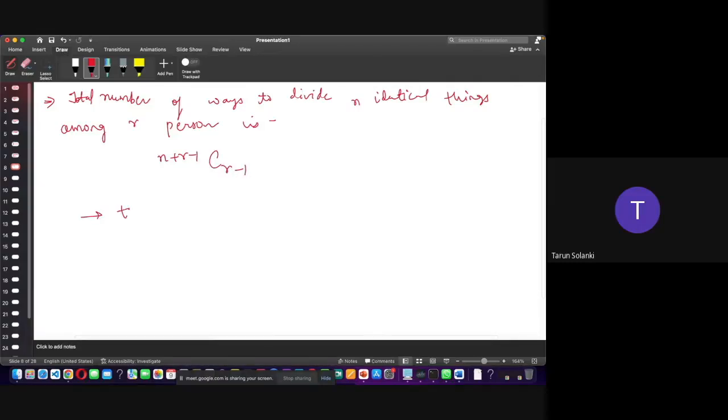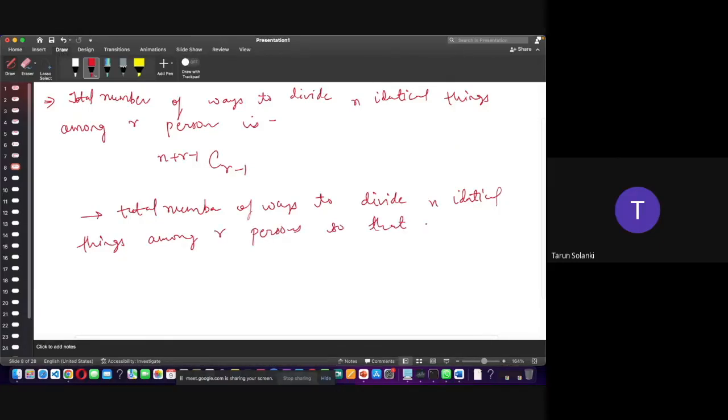Here we can write the total number of ways to divide n identical things among r persons so that each gets at least one, that is (n minus 1)C(r minus 1).